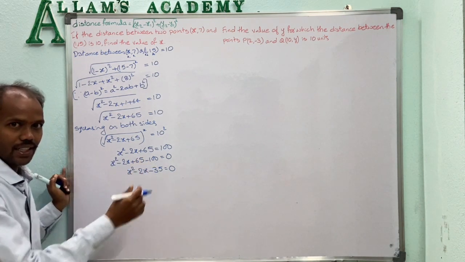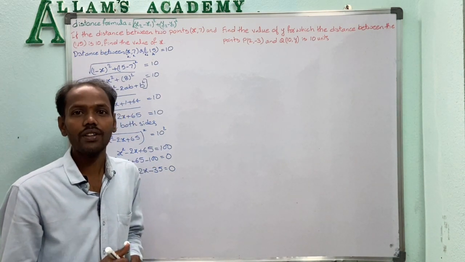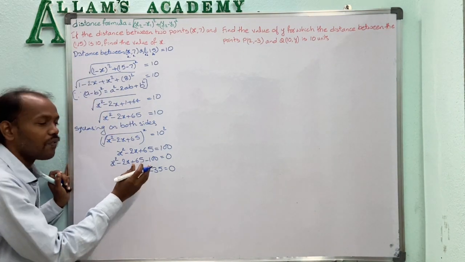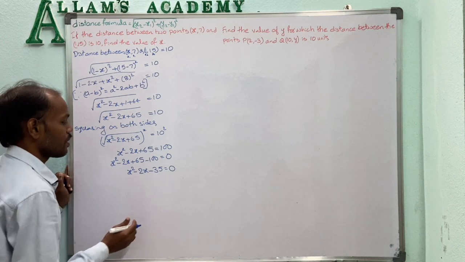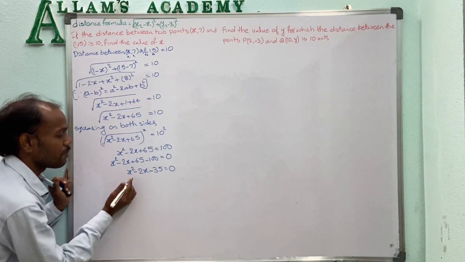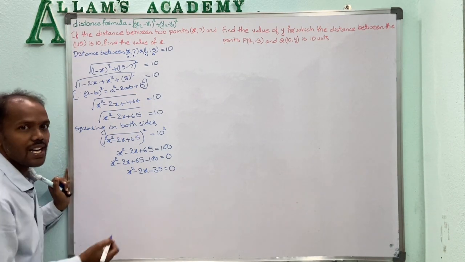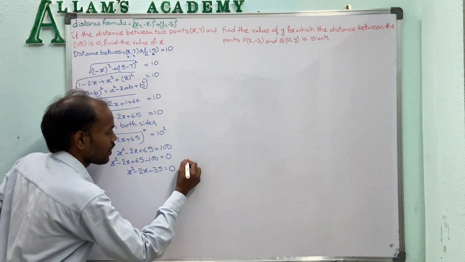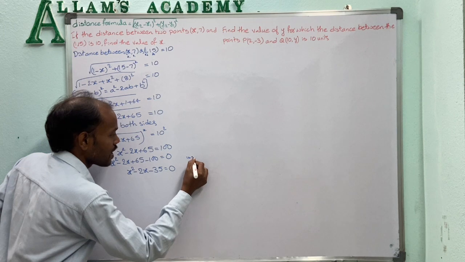To solve a quadratic equation we have 3 methods, but here I follow one method, that is the factorization method. In the factorization method, we take the product of the x squared coefficient and the constant term. The x squared coefficient is 1 and the constant term is minus 35.